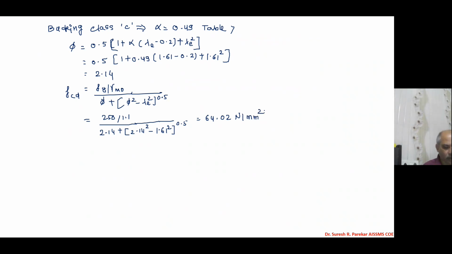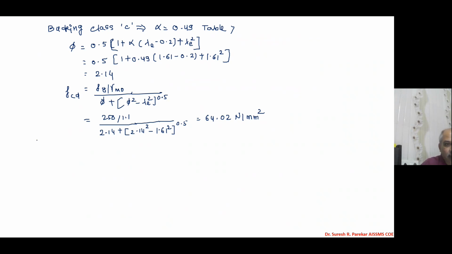So this value, once we know, then we can have easily PD.